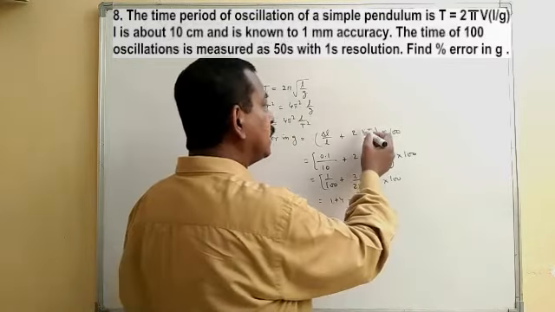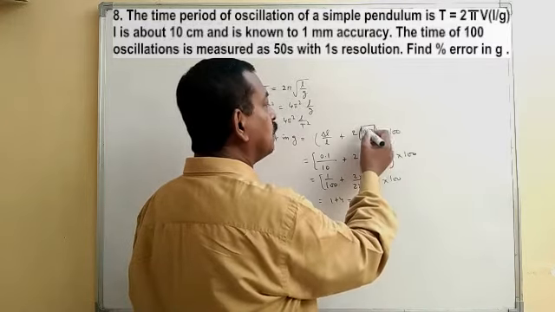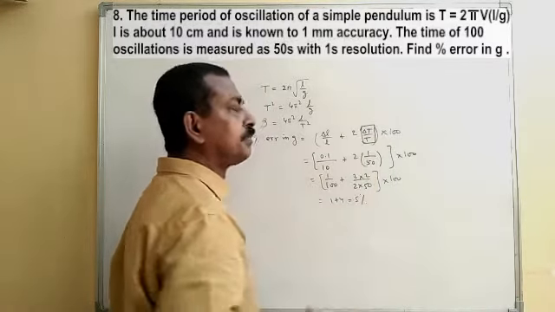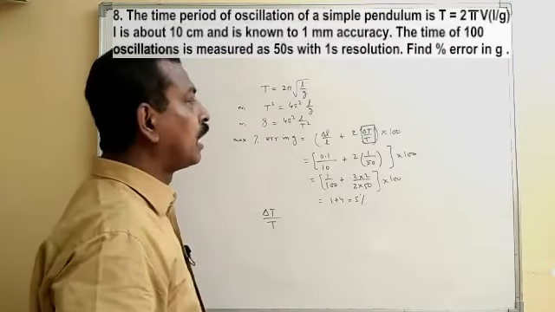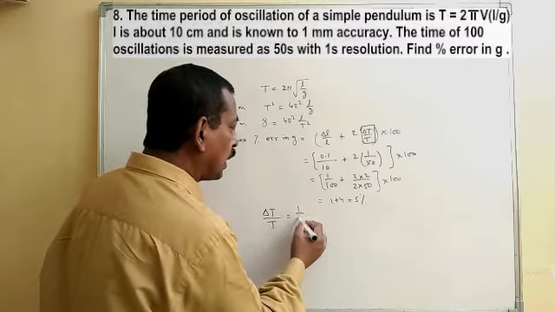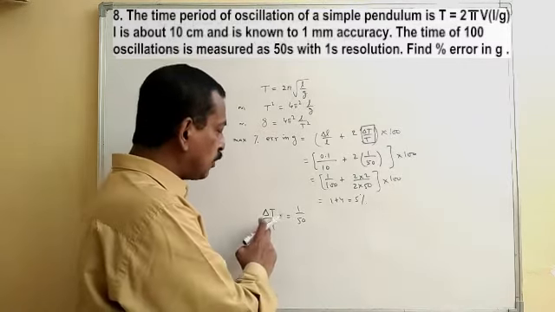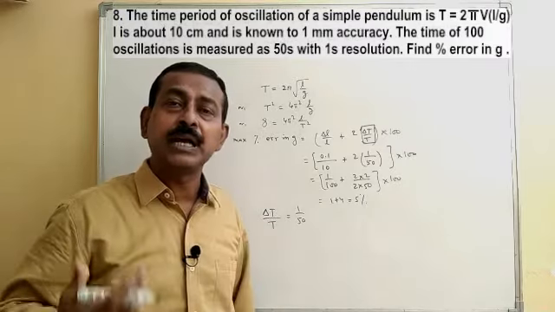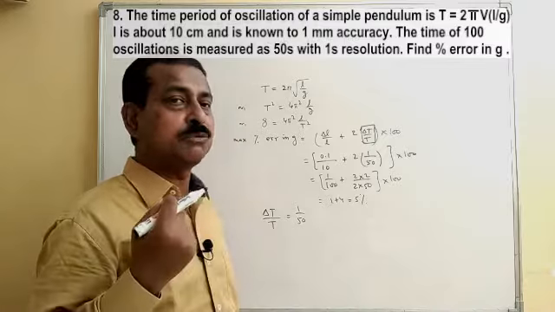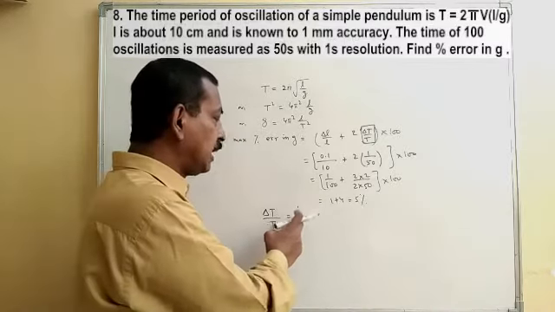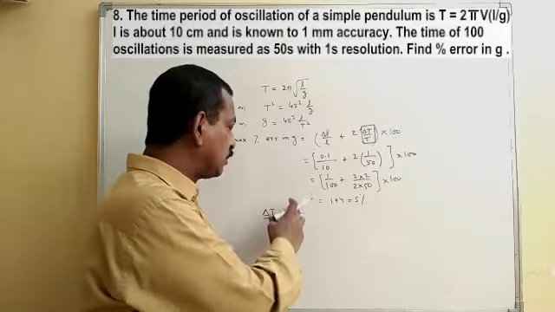But here, when we are taking this particular term, delta T by T, what have we substituted? 1 by 50. How have we substituted? Probably as the recorded time is 50 seconds and the error may be maximum 1 second with that stopwatch. So the error will be 1 second in the measured time of 50 seconds. So they have taken it 1 by 50.